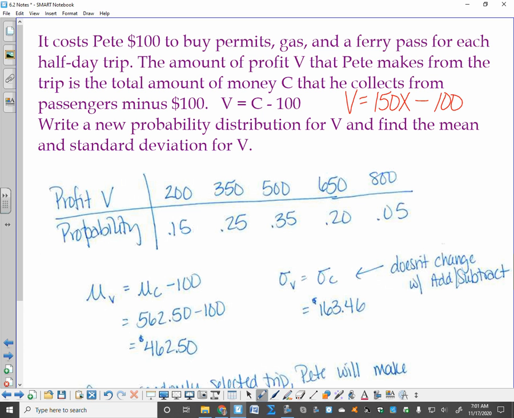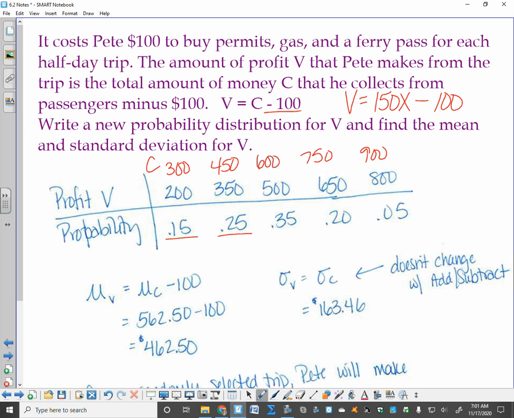Okay, so I'm taking my C values, which were 300, 450, 600, 750, and 900. Those were my C values. And I'm subtracting 100 from each trip, because that's how much it's going to cost him.